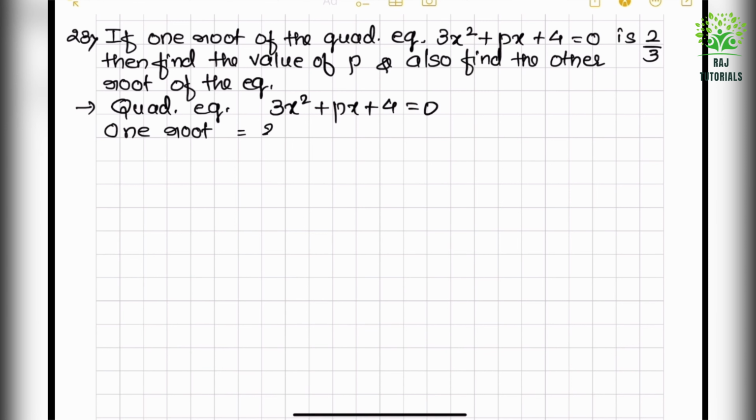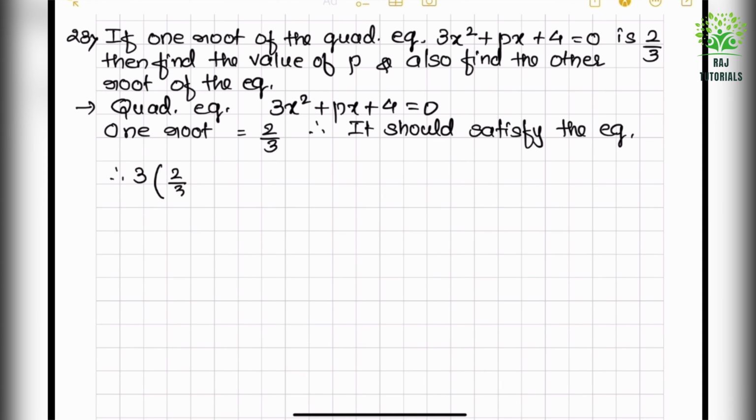One root given is 2 by 3. So therefore it should satisfy the equation.